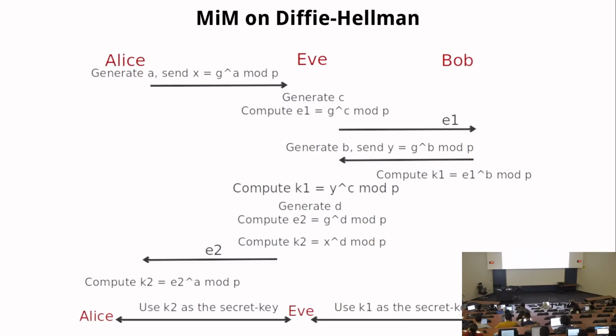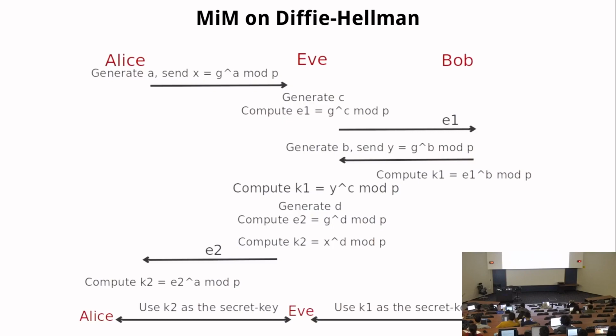So when Alice talks to Eve, Alice believes she's talking to Bob. Then Eve will be able to decrypt that message. Then Eve may resend that message to Bob using another secure communication channel. So let's take a look at how it works.